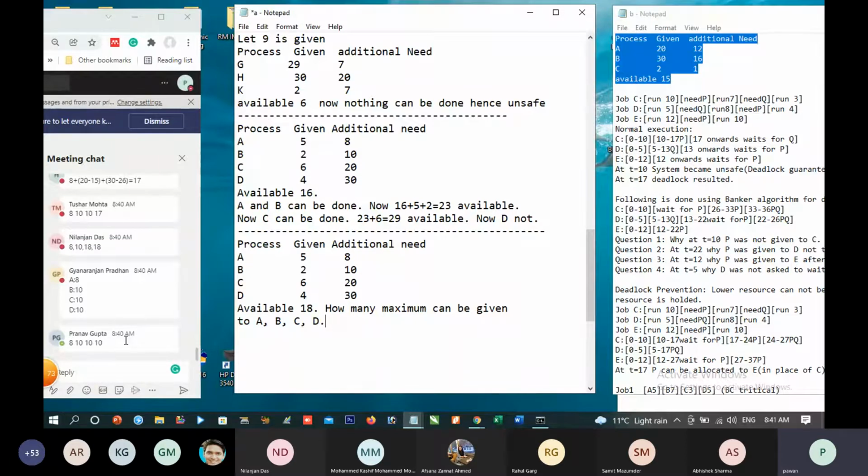Gyan is also wrong. Gyan, reconsider your D. Pranav, reconsider your D part. No, I think it is wrong.